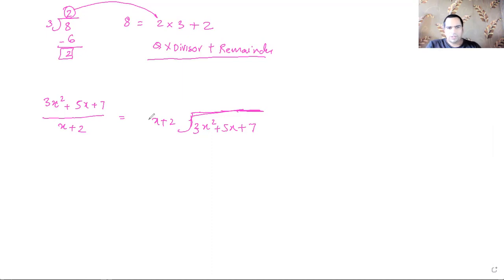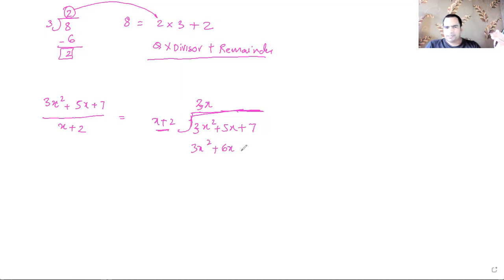The tool I will use to cancel this 3x squared is the divisor itself. So what quotient should I take that gets me 3x squared? If I take 3x, I first multiply 3x with x, so it becomes 3x squared plus 6x.